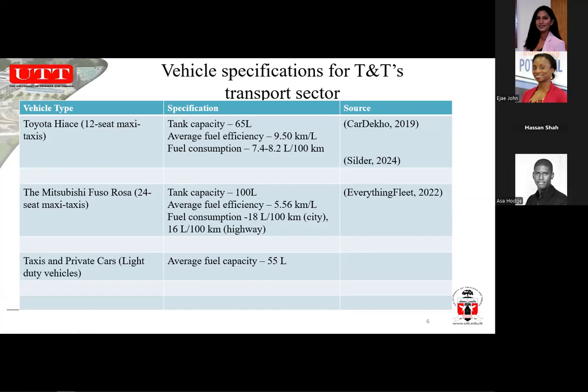This was assumed in this way in order to reduce the complexity of the calculations in order to obtain a result. However, we can always increase the complexity bit by bit to introduce more models of taxis and private vehicles, as well as maxi taxis.